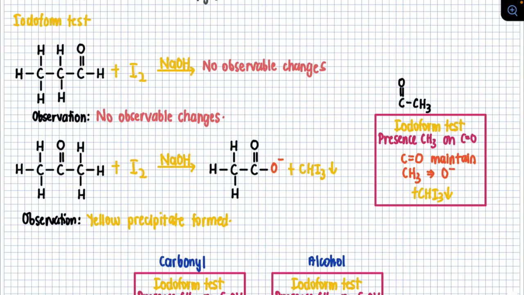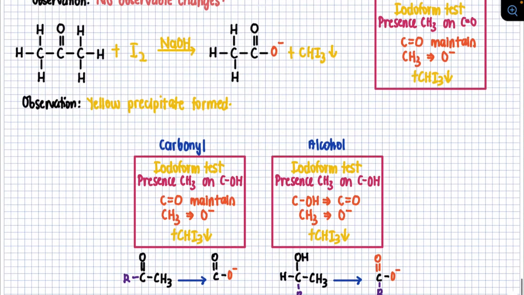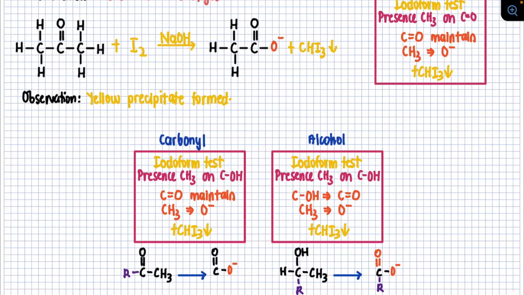Okay. So, just a little more at the end, for our iodoform test, we have seen two cases: one carbonyl, one alcohol. For the carbonyl itself, it's quite straightforward, where the CH3 directly becomes O minus. The C double bond O is maintained. So, this is the difference. But for alcohol, the COH will become C double bond O. Alcohol has a bit more. The COH will become C double bond O, and the CH3 will become O minus.